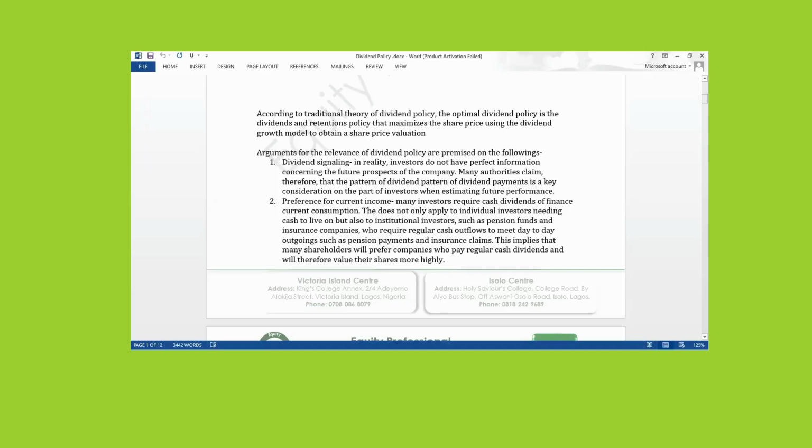Without talking, if a company pays you dividends regularly, you are going to trust that company. So there's informational content of dividends.